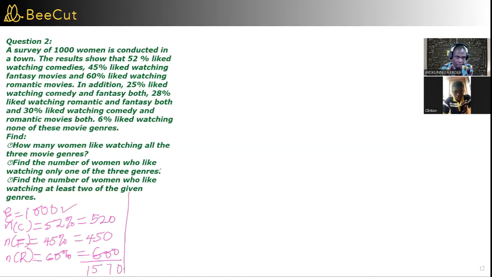That means there are intersections. Very good. So with the intersections that we were given, let's bring them out now.